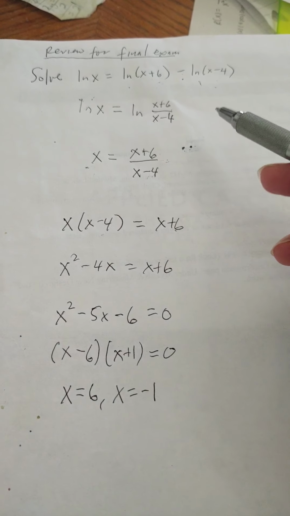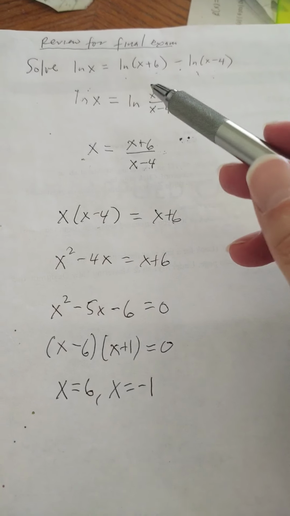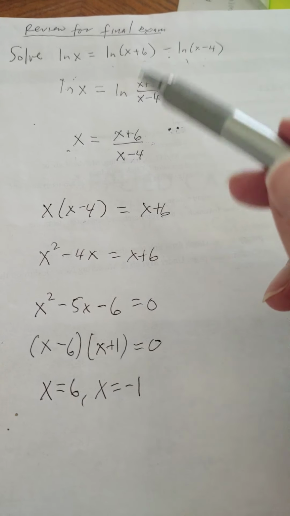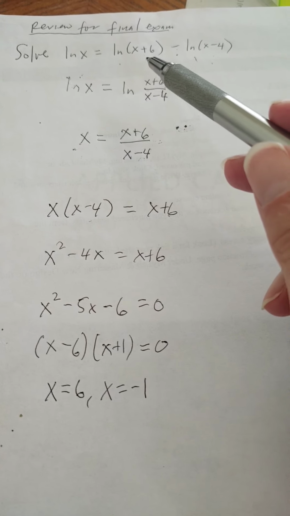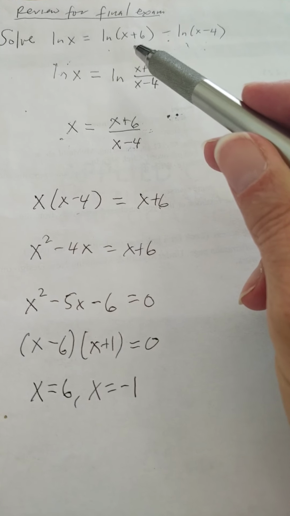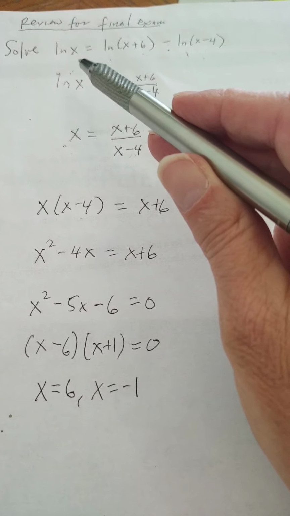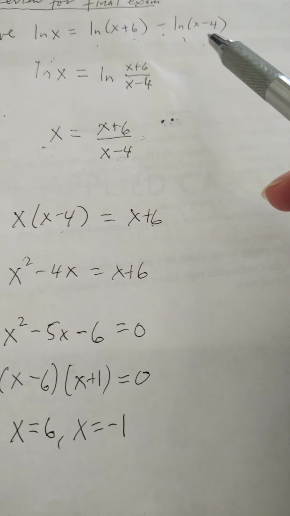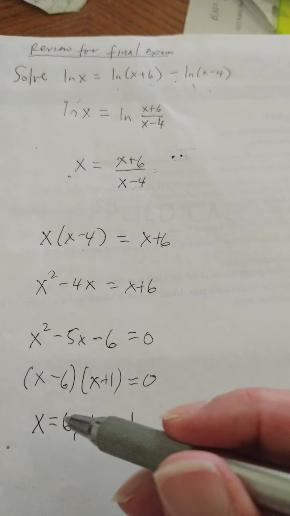With log equations, you always want to make sure your solutions for x give you positive arguments. If they don't, you must reject your x value. In this case, x equals 6 is going to work because when x is 6, this argument is positive. You go to the original equation, and this argument is positive when x is 6. And isn't 6 minus 4 also positive? Since all the arguments are positive, I can accept x equals 6.